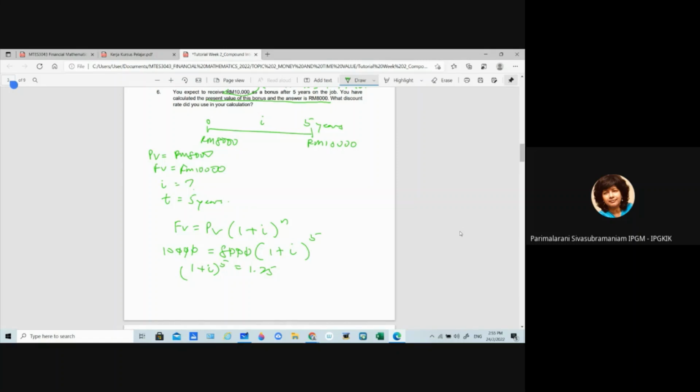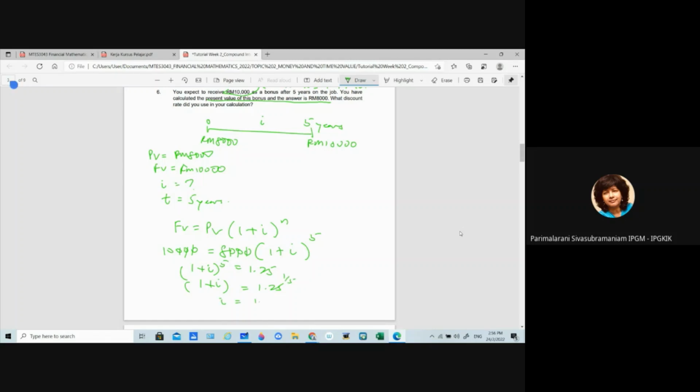Now how do we solve it? What's the next line? Using the index method. Anyone? 1.25 to the power of 1 over 5. Correct. So 1 plus i is equal to 1.25 to the power of 1 over 5. We can do this in our calculator.